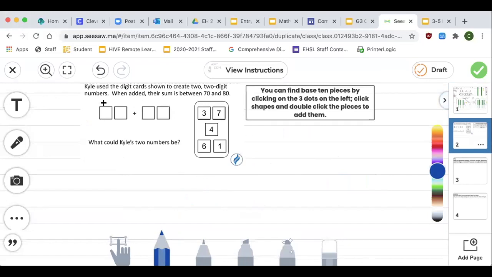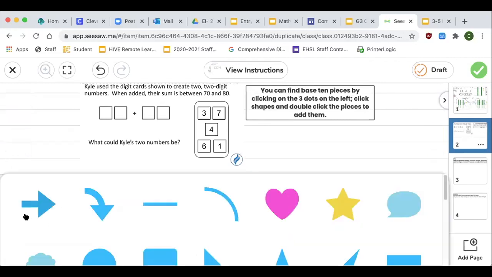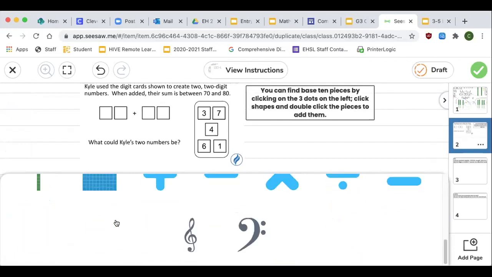So on this one, Kyle has 5 cards and creates 2 two-digit numbers, but their sum is between 70 and 80. And now on this page, it doesn't have the base 10 blocks for you, but if you click on the 3 dots and you click on shapes, you can create them.